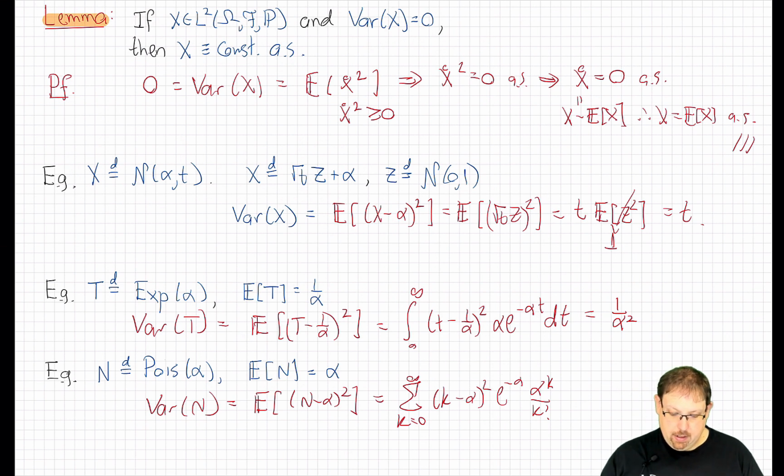And again, you can expand this out and do it much the way we did last time by cleverly identifying these things as appropriate derivatives with respect to alpha, or you can rearrange the sums combinatorially. Either way, at the end of the day, you're going to get alpha. The variance of a Poisson random variable is the same as the mean.